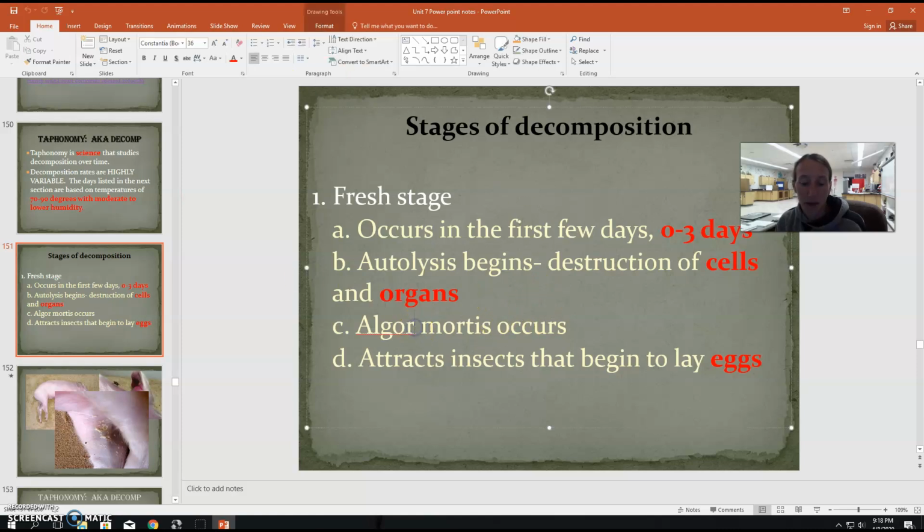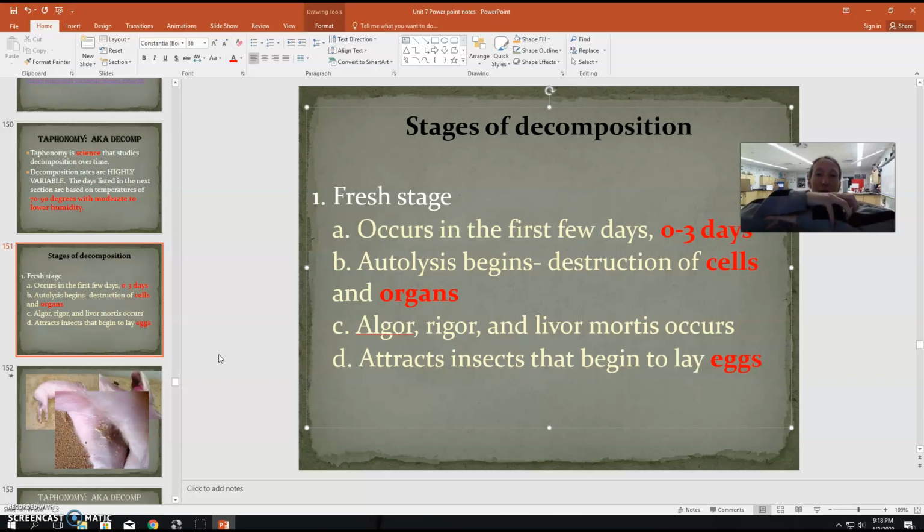We should change that because it's algor mortis, it's rigor mortis, and it's livor mortis that occur. Okay, so all 3 of the mortises are happening. So rigor mortis is when your muscles are stiffening up, and that really has to do with your cells breaking down, releasing the element that causes those muscles to overlap and grab a hold and not relax and let go.